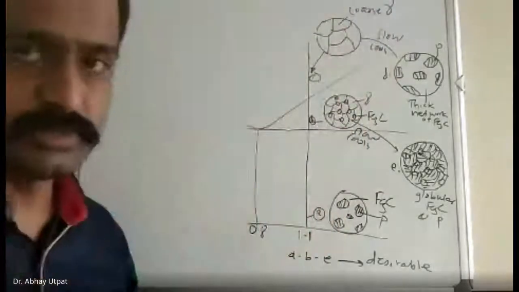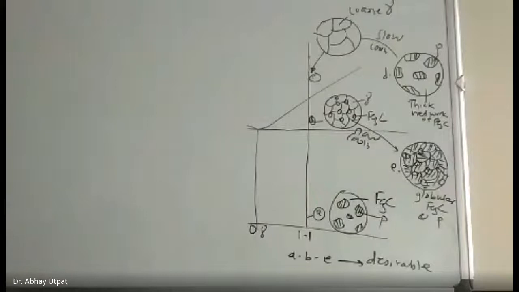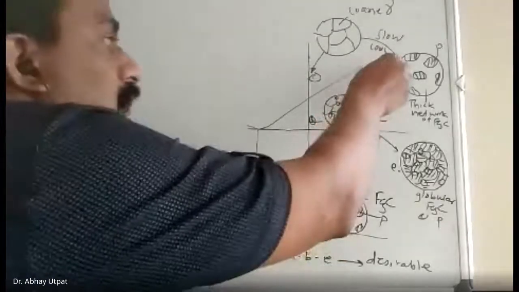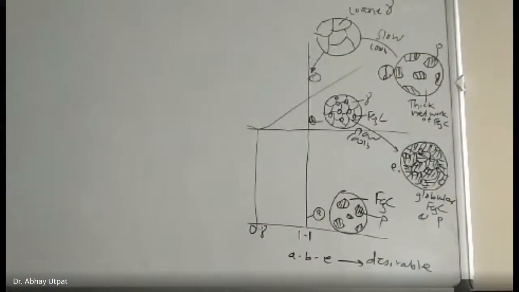Slow cooling of this coarse austenite gives thick network of cementite, as shown at point D.